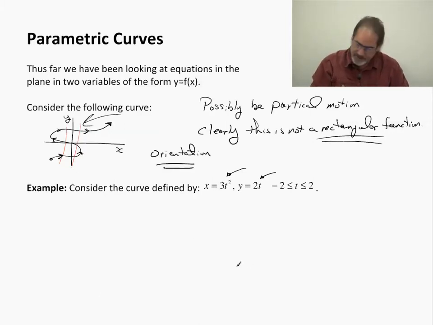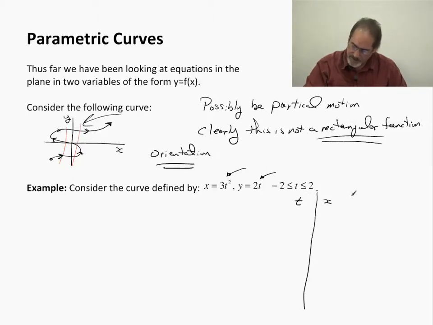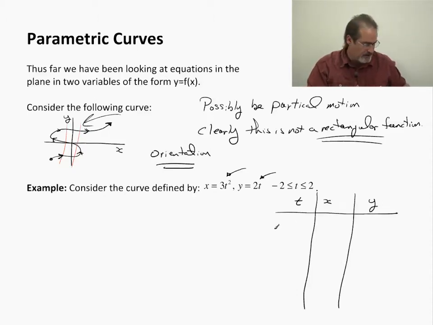So let's just take a look at this. I'm going to write down t, x, and y. So we're going to take values of t, values of x, and values of y. In other words, the values of t that I'm going to choose are going to define what x and y are. So I'm going from -2 to 2.